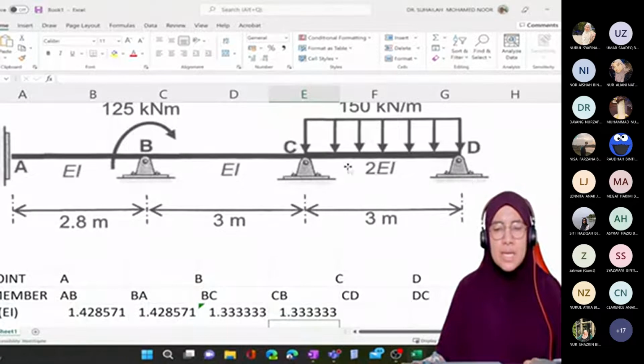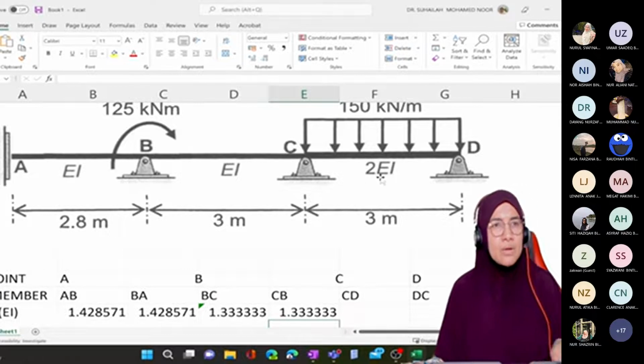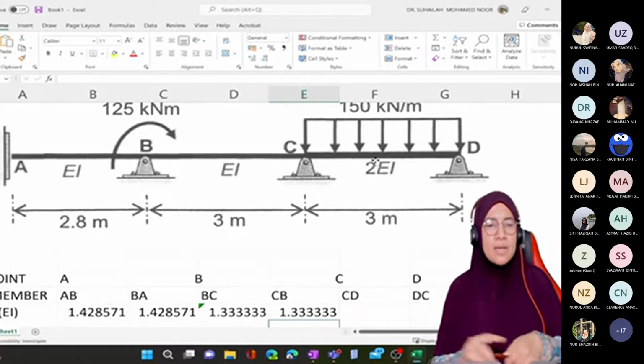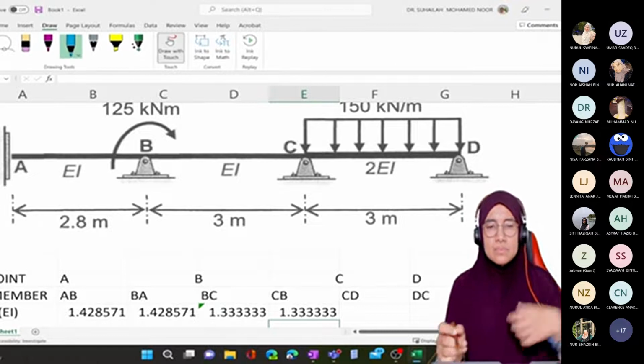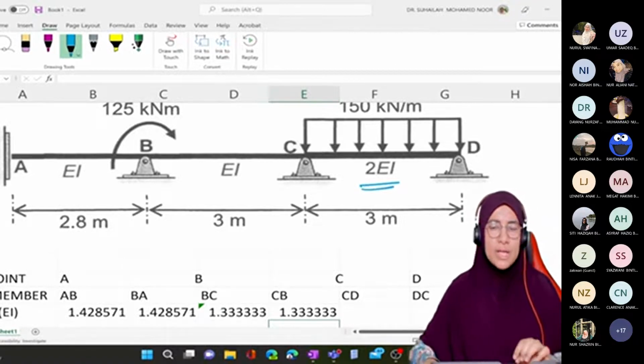And for member CD, we refer to far N. Far N is D, and D is pin. So we use 3EI over L. Don't forget to include 2EI here.